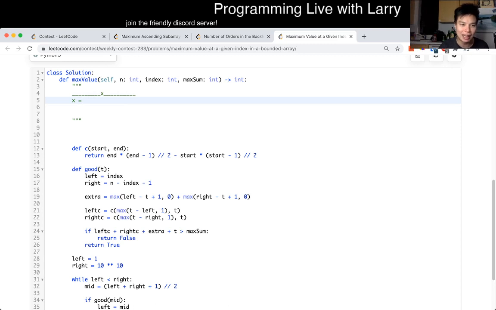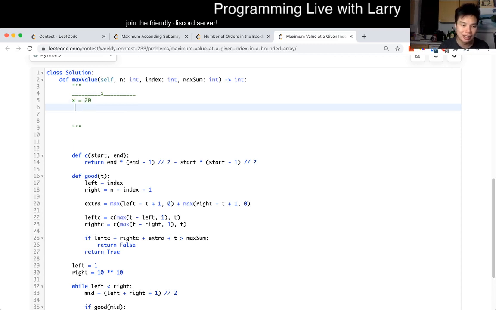Well, if x is 20, then by definition, let's just focus on the right side for now. It's the same to the left, but you have to look at 20. Okay, 20 is too big, but let's just do 20 anyway. 19, 18, 17, all the way down to 1, and then it's just 1, 1, 1, 1, 1, 1, 1, 1, 1, right? So that's basically the minimum that you can do.